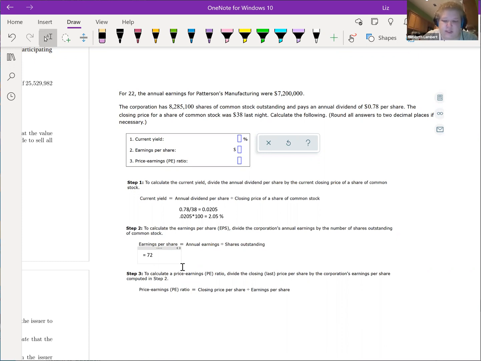So 7,200,000 over 8,285,100. So there it is, 0.869. I think it, yeah, round to 2 decimal places. So this one would round to 0.87.